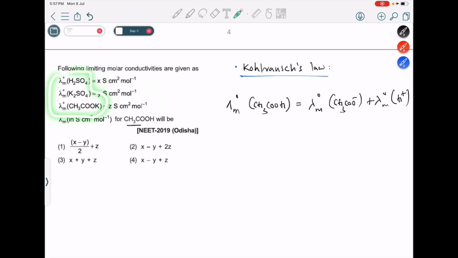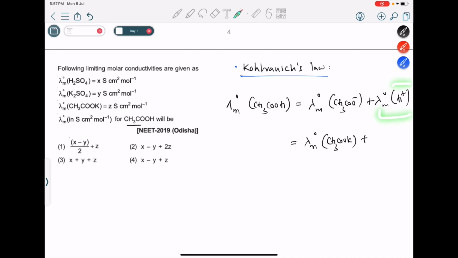Now using these three, by some algebraic operation on them, we should end up with this one. So how to do this? I'll give you a trick. Among these three salts, we have to first choose those salts in which our ions are present. For example, our acetate ion is present in potassium acetate. So first I'll take this: lambda m naught of CH3COOK.